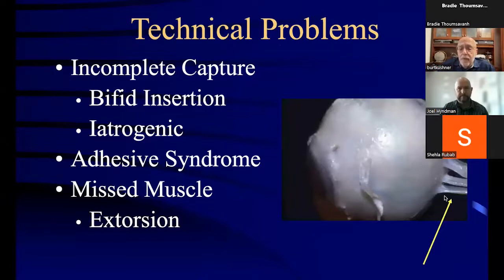Here's the inferior oblique. It's an autopsy eye, and you'll see it has three completely separate heads. So when you hook the inferior oblique, if you get the hook between one of these heads, you don't capture the whole muscle. Or if just the way you pass the hook, the technique, even if it's not a bifid insertion, you can miss it.